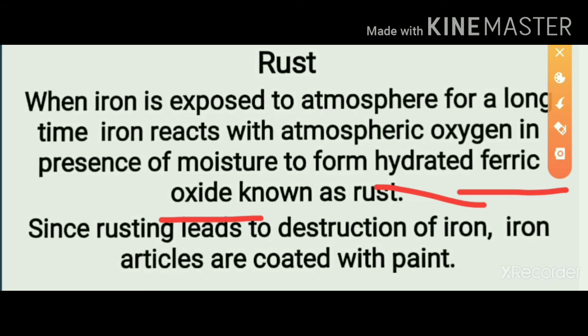Iron changes to hydrated ferric oxide. This is known as rust.